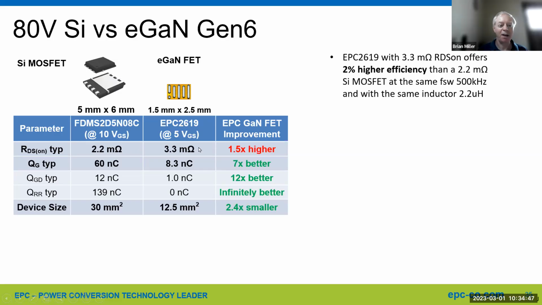The optimization point might be at a higher RDS on for some of the GaN FETs. That shows up in the calculator. It's really interesting how that works. And again, you see the gate charge quite a bit less and no reverse recovery. And the size quite a bit smaller also.